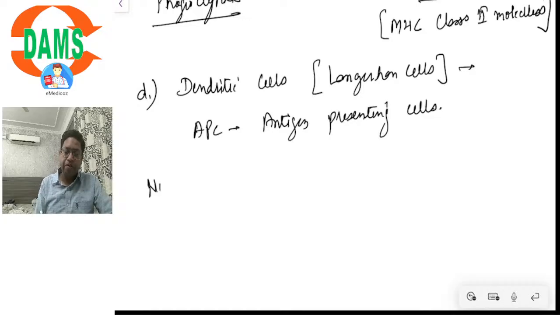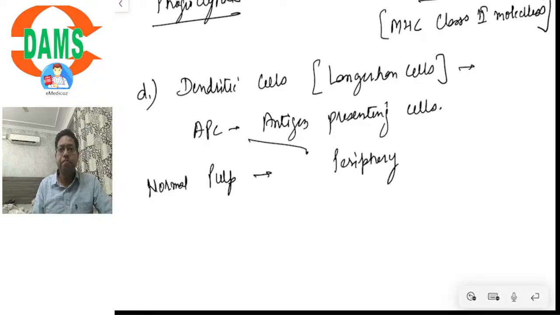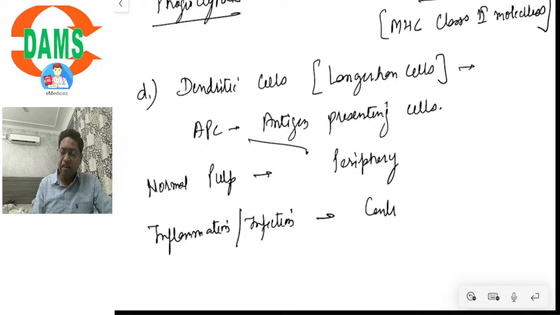Whenever the pulp is healthy, a normal uninflamed pulp, these antigen presenting cells are distributed mostly in the periphery of the dental pulp, the outer zones. In the case of inflammation or infection of dental pulp, these cells migrate to the center of the dental pulp.